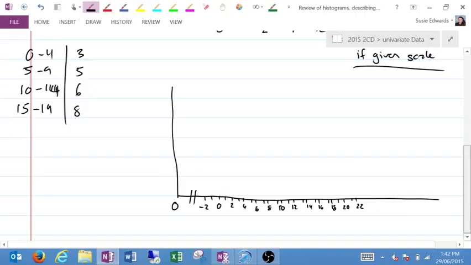All right? So I've got this scale along here. Everyone get it? I realise that for some reason I've just gone really close there. That's okay. Doesn't matter. What do we have down the left-hand side? Frequency. 1, 2, 3, 4, 5, 6, 7, 8, 9, 10. All right?